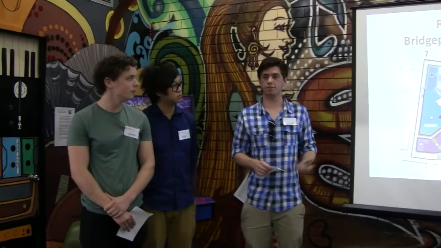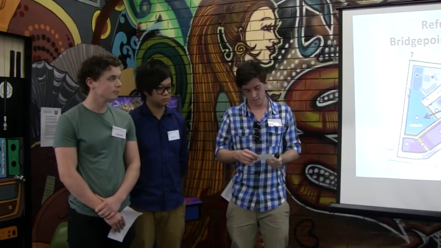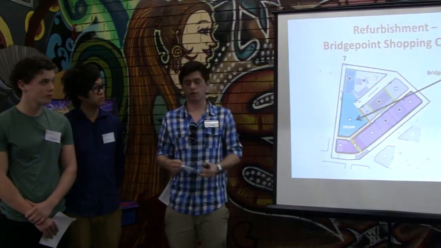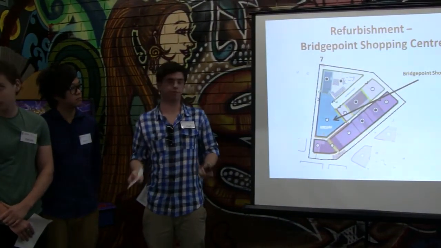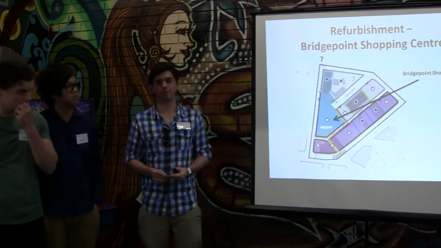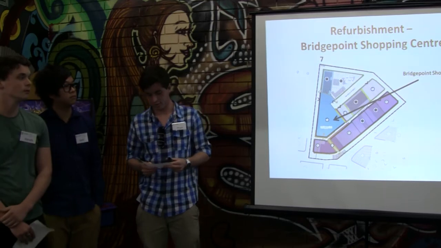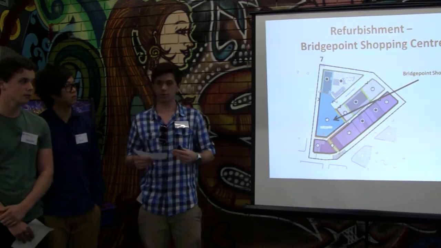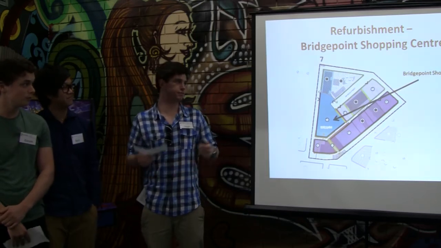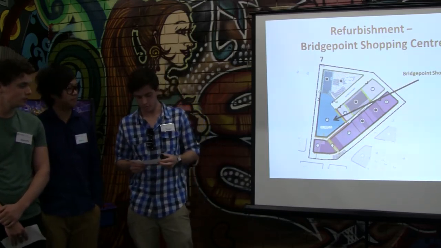So we thought our main focal point of the precinct was the Bridgepoint Shopping Centre, and the local opinion on the precinct was it needs a refurbishment. Clearly the front is very weathered, very old, and it was just not attractive at all. The community also wanted to improve the accessibility and also enhance its functionality as a focal point for the precinct.